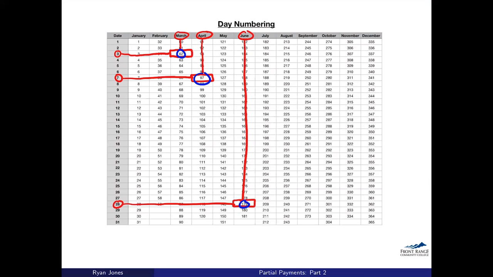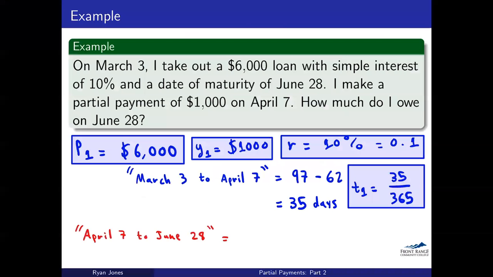Circle that, 179, yay. And so we'll put that in, 179. And now we actually already did April 7th. It was 97. We found that right here before, April 7th, 97. So 179 minus 97, that's going to give me 82 days.